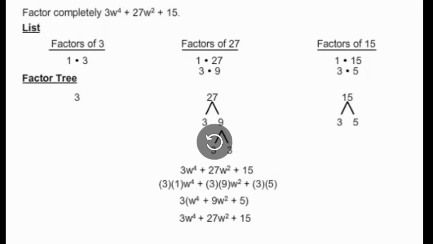Starting with this large polynomial up here, if we can factor 3 out of it, now it's just a w to the 4th and a 9w squared and a 5. See, that's a simpler factor. So the factors are 3 plus this polynomial. And what he did down at the bottom is just multiply it back together to make sure that it equals what you originally started with. So if it does equal what we started with, these are the correct factors.